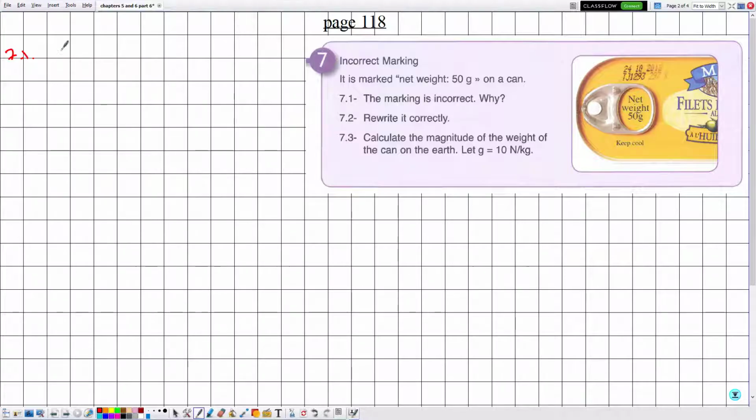So why is the marking incorrect? Because the quantity and the unit are not in agreement.